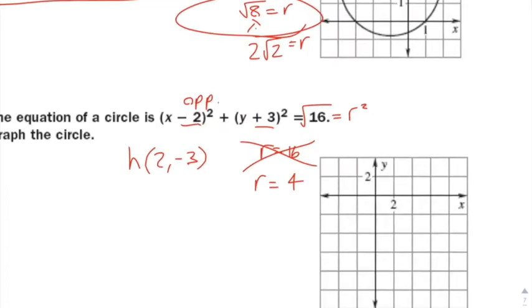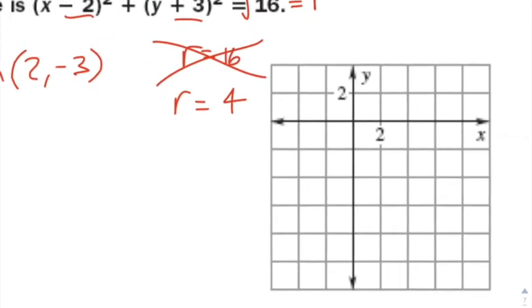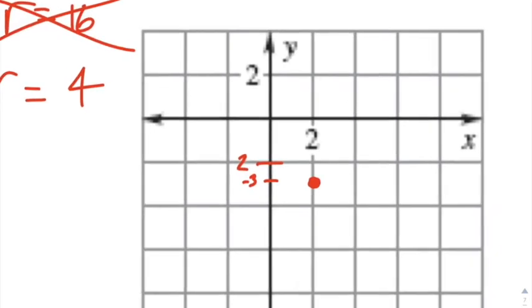And then we'll go and plot the circle here. Notice that the ticks here are kind of annoying, but the ticks are in 2s. So it's 2, -3 right there. So if this is 2, this is -3. Kind of annoying. But then we're going to go up, well, up 4 technically, but up 2 units, down 2 units, left 2 units, right 2 units there.